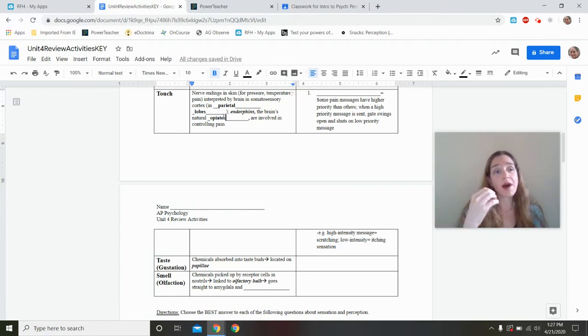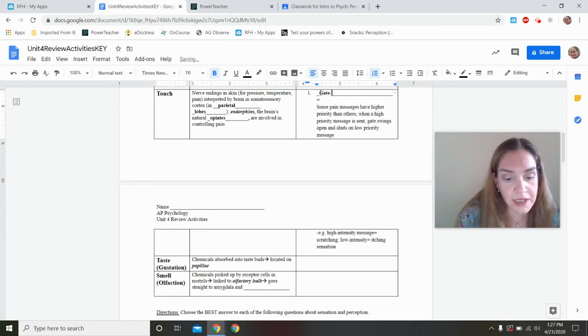So if I stub my toe, the first thing I do is run around the room screaming, ow, ow, ow, ow, ow. What I'm doing is trying to get the stimulation on the fast track to beat out the slow-moving pain message on my slow track, to shut the gate so I don't feel the pain, and the pain is delayed. Because of this rush to the gate, this theory is called the gate control theory of pain.